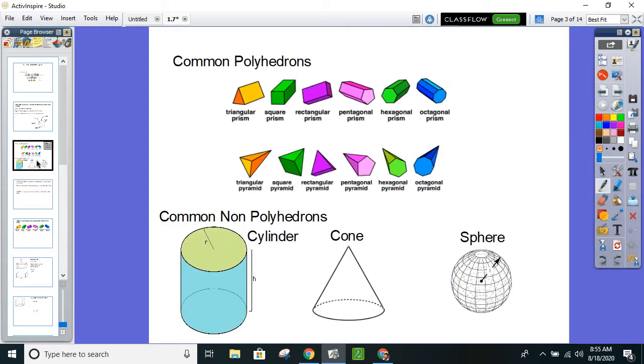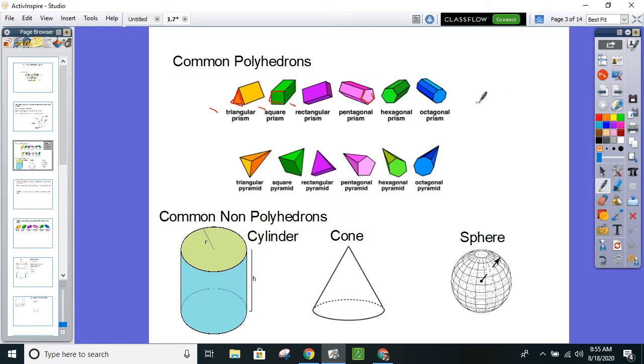Common polyhedrons will be something like triangular prisms, square prisms, rectangular prisms, pentagonal prisms. Any question why they are called triangular prisms, square prisms, rectangular prisms? Because they are named by the shape of the base they have. For example, this is the base of this prism, so it's a triangle. Then pentagonal, hexagonal, and so forth.